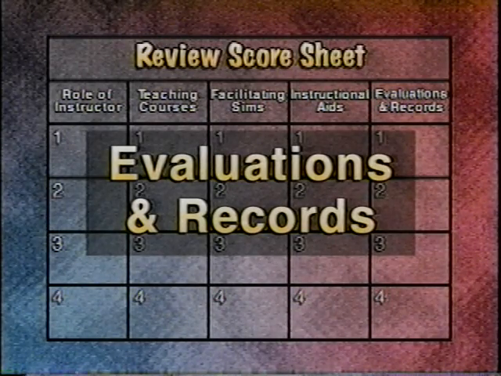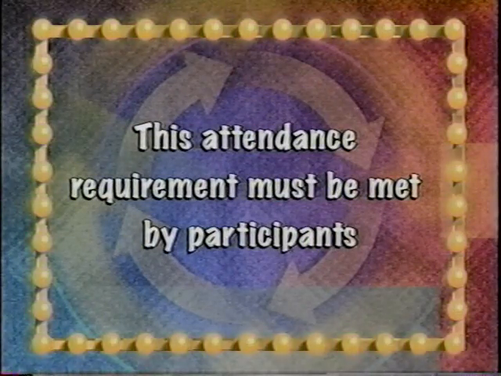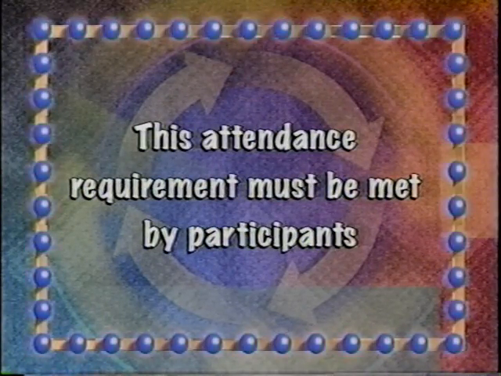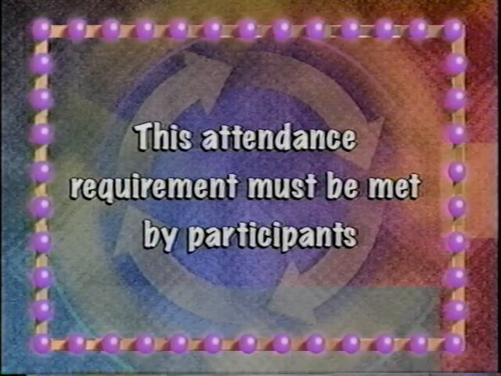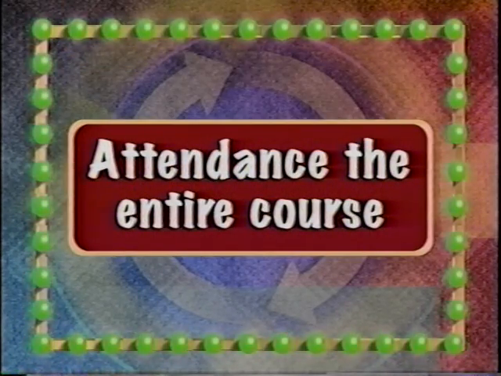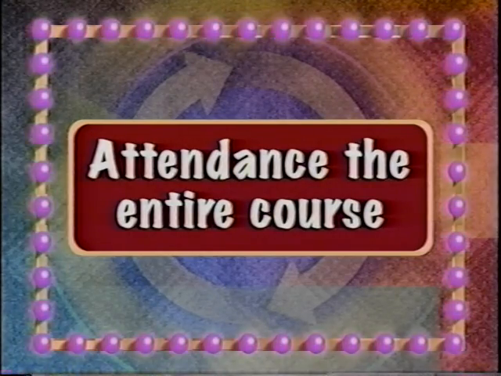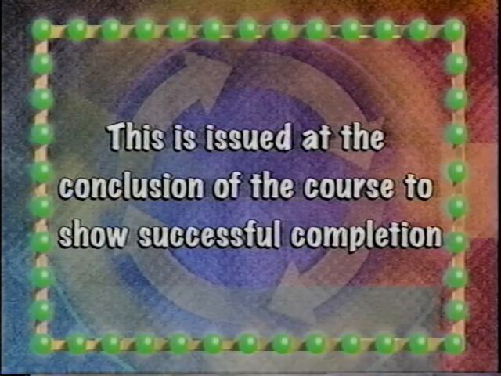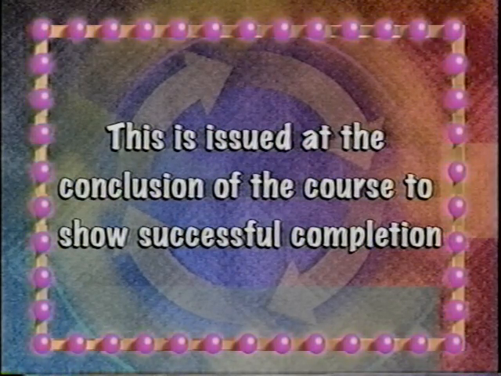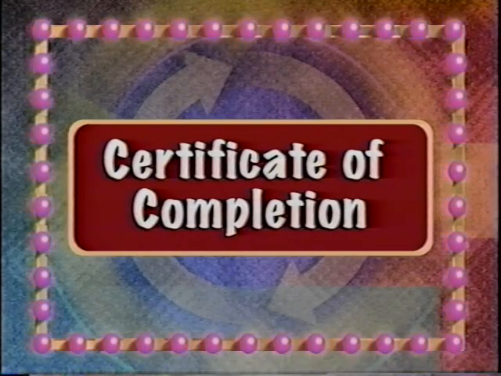Evaluation and records. This attendance requirement must be met by all participants. Attendance the entire course. This is issued at the conclusion of the course to show successful completion. Certificate of completion.